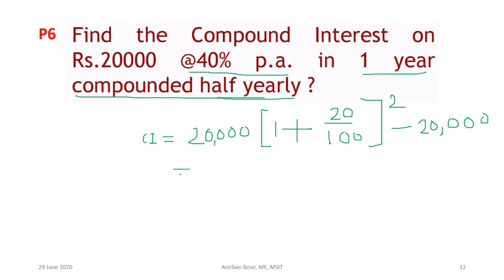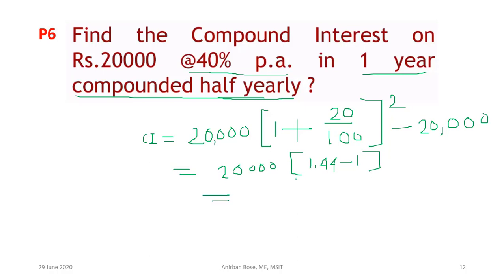Okay, so if you do this calculation, then you can easily find out that this is 1.2 square. That is 20,000 into 1.2 whole square, so that is 1.44 minus 1.